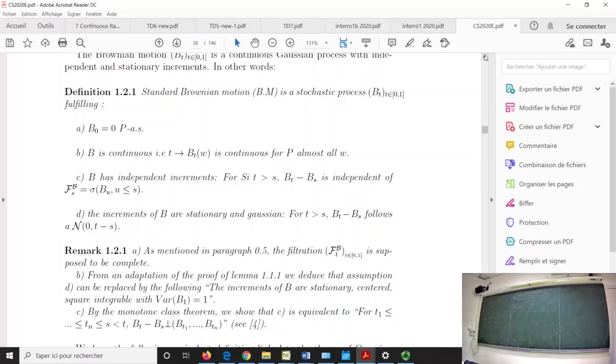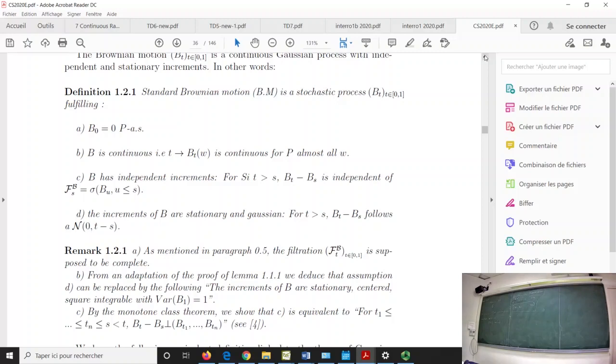So just keep in mind the following. If I give you n Gaussian random variables, there is one very easy case where the associated vector is a Gaussian vector. Which case?